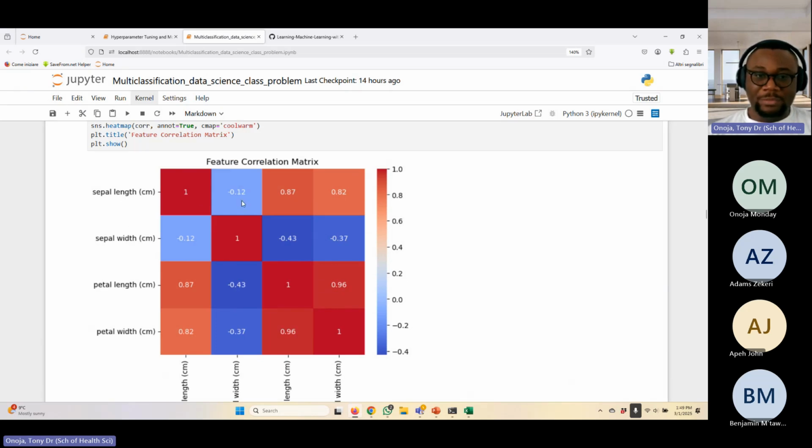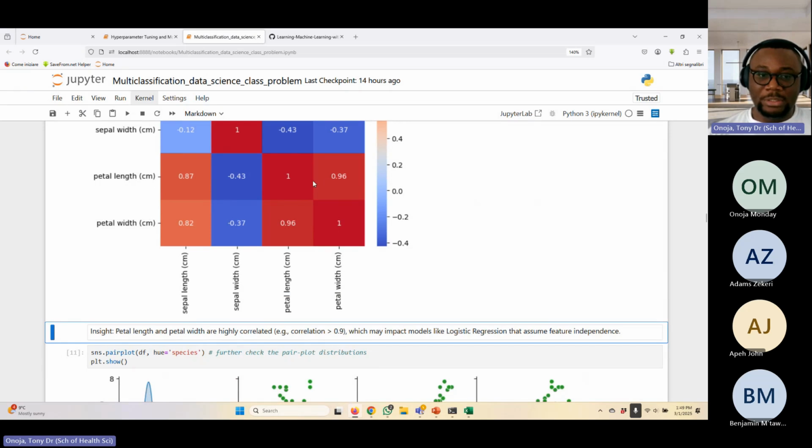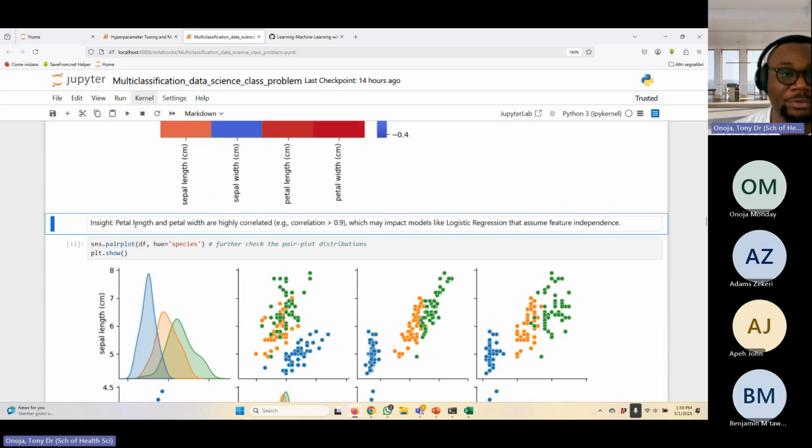While the sepal length and width have a quite weak correlation between them, we could actually see a lot of correlation between the petal length and width. However, it's important to consider: in this case, do we just remove it? Stuff like that. We'll talk about that and see how we deal with it.